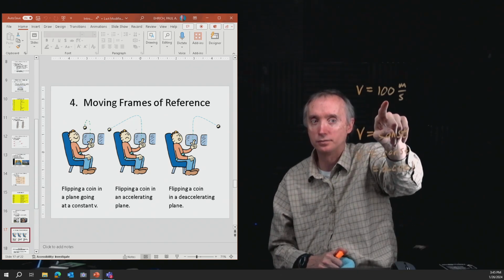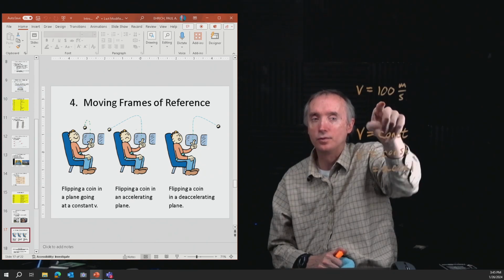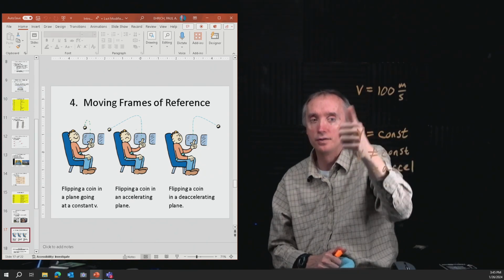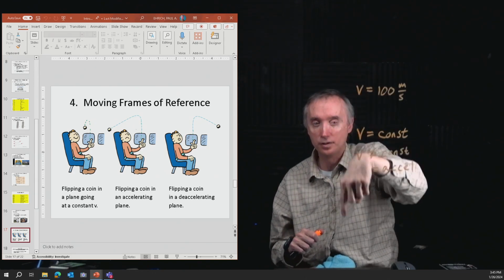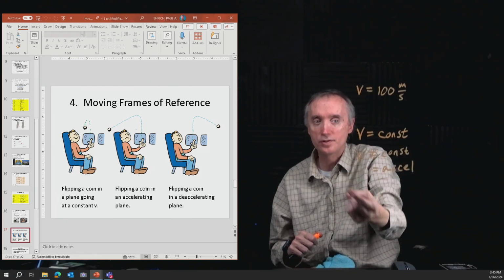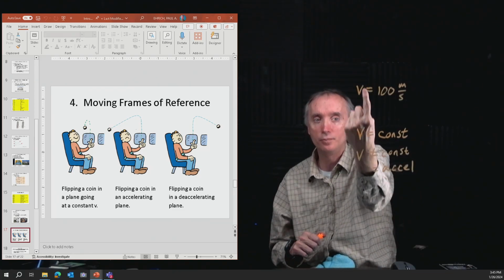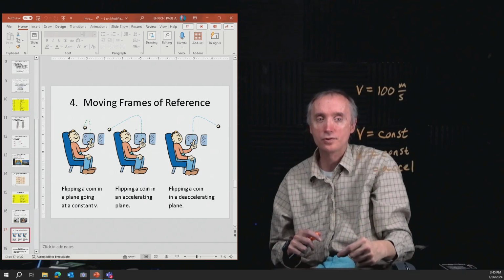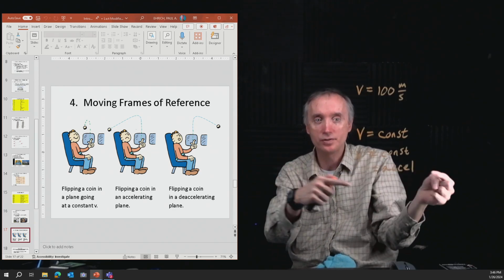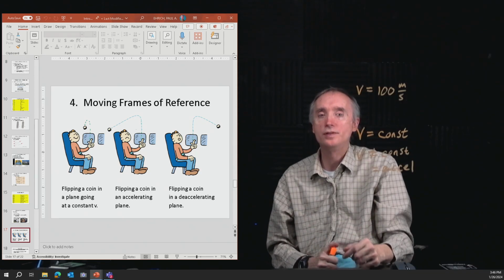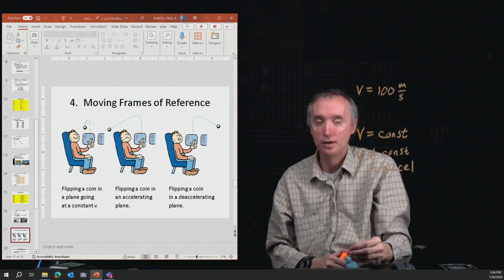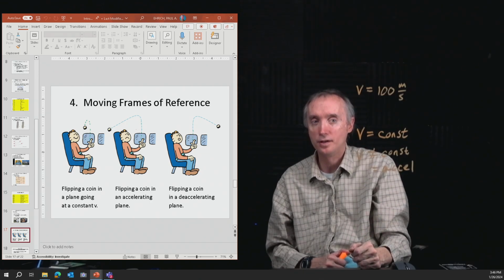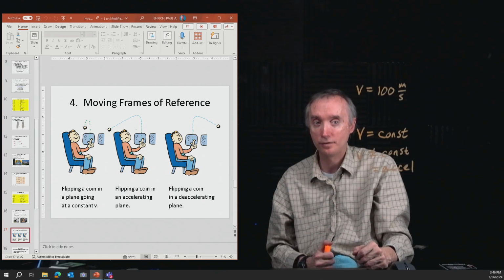100 meters per second. And then, as it's going up into the air, there's no forces acting on it other than gravity, which is down. So notice that as it begins its journey upwards, there's no forces acting on it sideways. So what did we say? If there is no force acting on an object, according to Newton's first law, it will continue to go at a constant speed forever and ever.